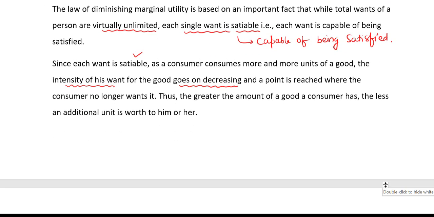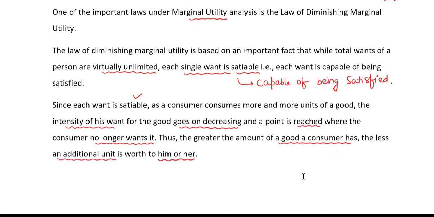So the intensity has come down, the utility has come down, and because utility is a subjective concept, a point is reached where the consumer no longer wants it because he already has a lot of the same product. Thus the greater the amount of a good a consumer has, the less an additional unit is worth to him or her. Is it clear till over here?